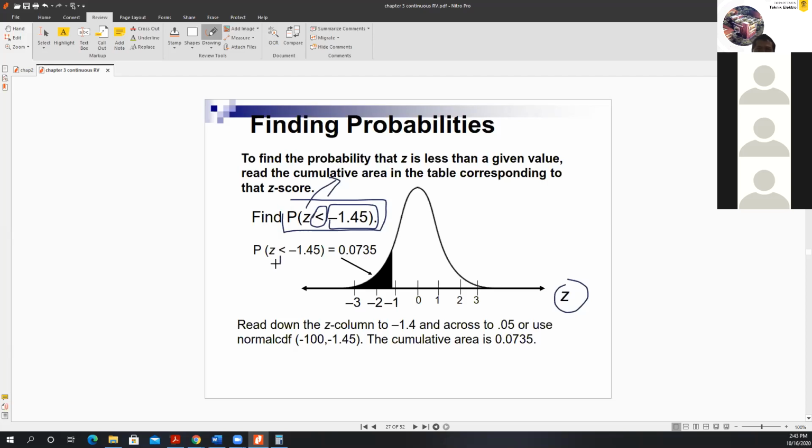Actually, this sign is different from this sign. For this sign, you have to include this one, but for these signs, you must not include this one.